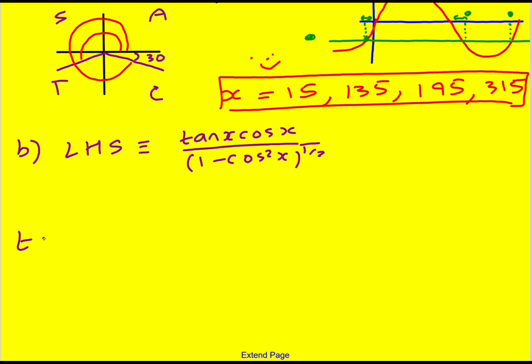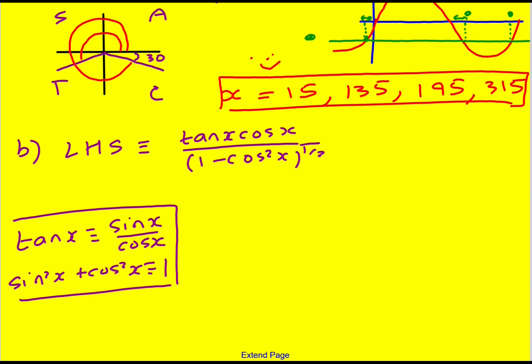So first up, I could write down that tan x is identical to sine x over cos x, and I'm going to replace tan x by that in a minute. And then sine squared x plus cos squared x is identical to 1. So these are the two to remember. They're both going to be used here.